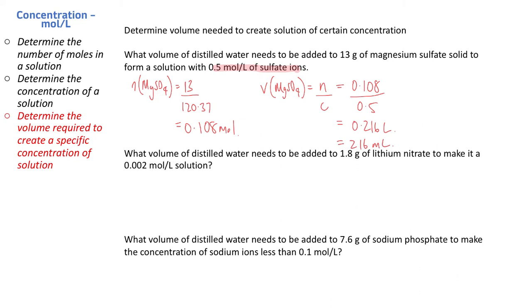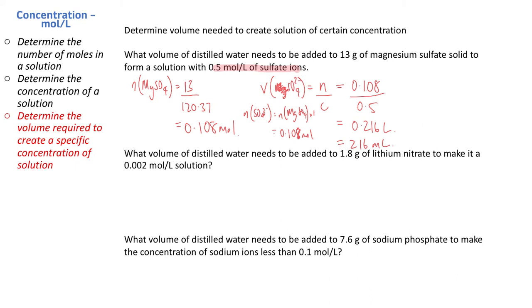All right, so I can do the number of moles of SO4 2- is equal to the number of moles of MgSO4 times 1, which is equal to 0.108, and this should go before that volume of magnesium sulfate. Okay, so you've got to read what you're asking for. You've got to make sure that you give the right thing, not the wrong thing, like I just did there. Right, so I should be able to cross that out there and write SO4 2-. Okay, so that's that one there.